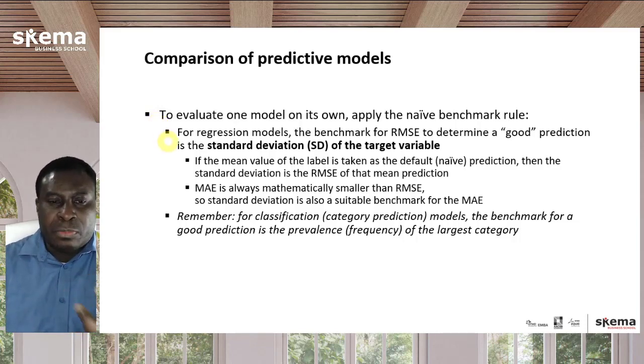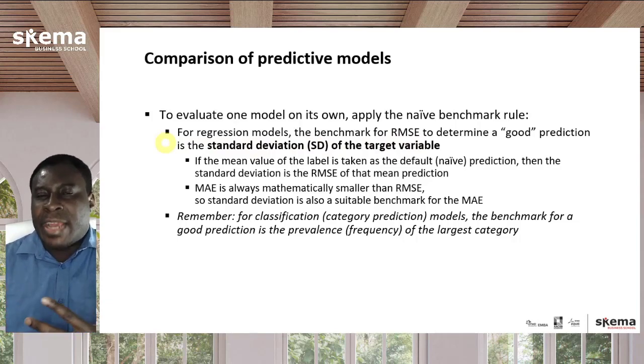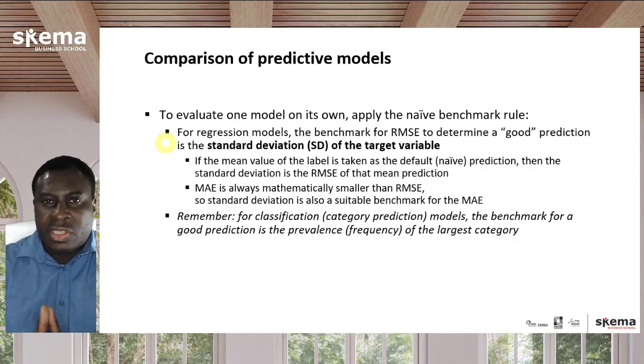The naive benchmark, when you consider if a model is good, is generally the standard deviation of the target variable. Without getting into the statistical formulas, the standard deviation represents the natural variation in the data set. So you might have prices, for instance, and maybe the average price is 10,000, but it goes up or down by maybe 1 or 2,000.